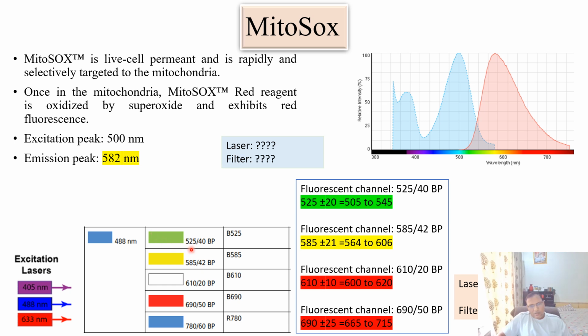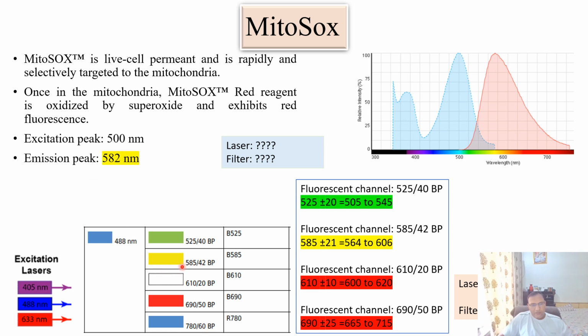For this green one, it is written 525/40, which means not plus minus 40, it is plus minus 20. So it can pass the wavelength range of 505 to 545 to the detector for detecting. So it is not around this.